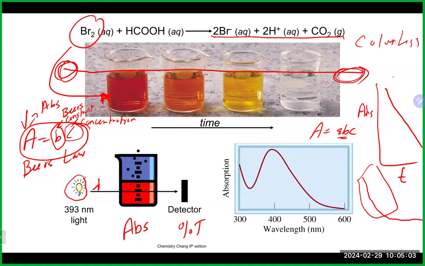The amount of absorbance is proportional to the change in the concentration of the Br2, as the Br2 is the only thing with color. So as the beaker loses color, we are definitely making products, as everything on the product side is colorless, and we know this reaction is proceeding.